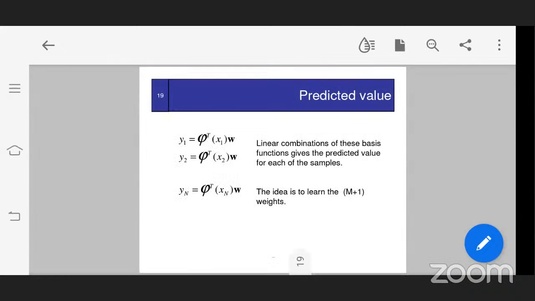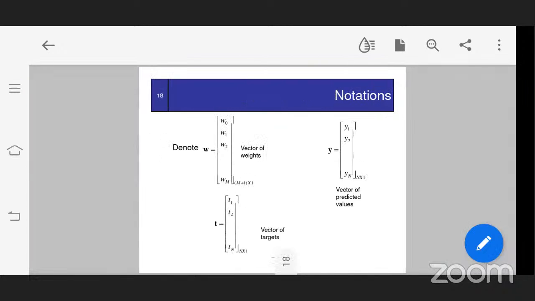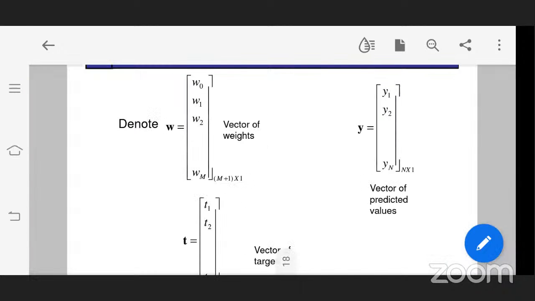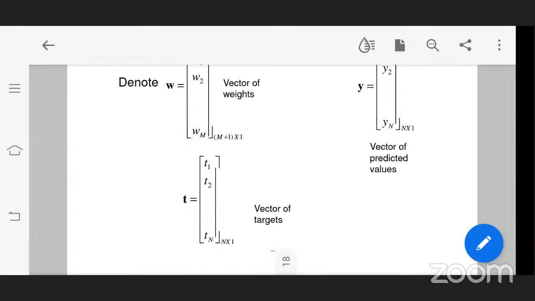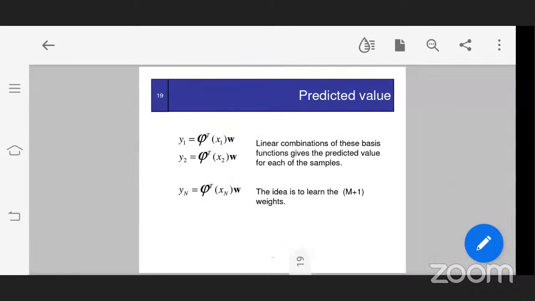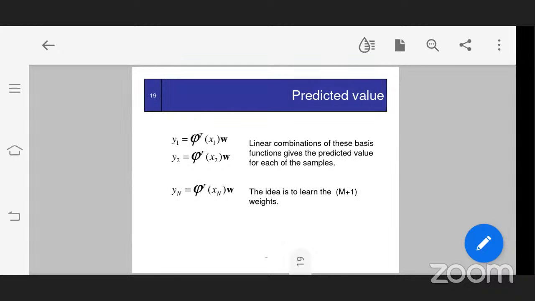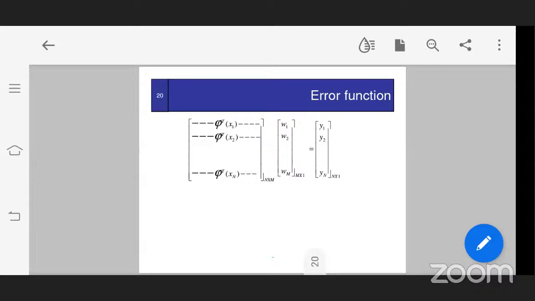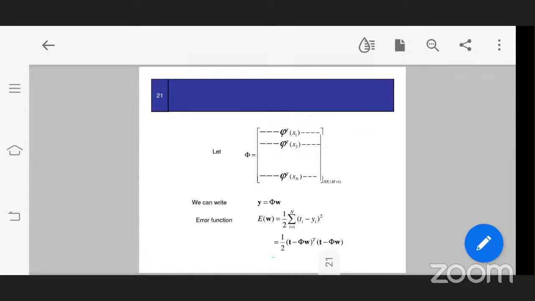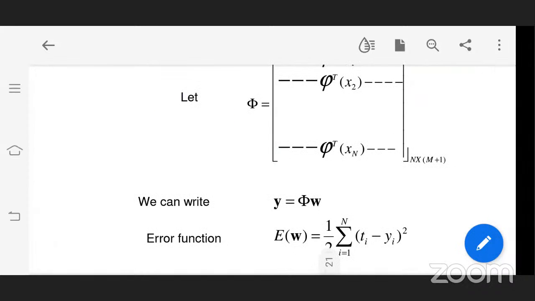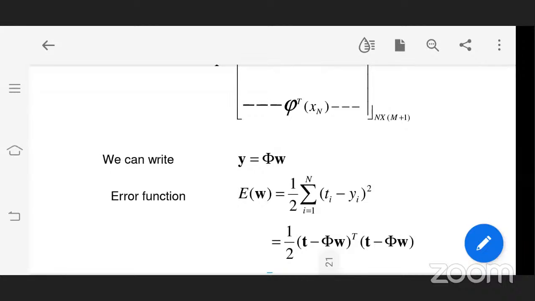So what we do here is define a vector of weights, a vector of predicted values, and a vector of target values. We will check the dimensions appropriately. Each of the predicted values, we'll write as phi transpose of x1 times w. And then we will write this as y is equal to phi times w, where phi is a matrix, w is a vector, and y is a vector.